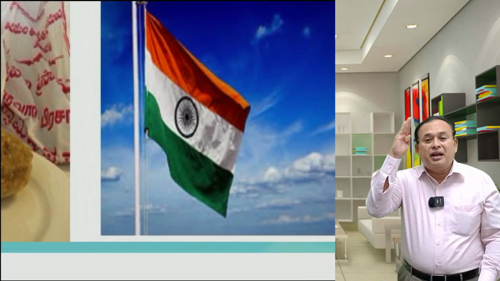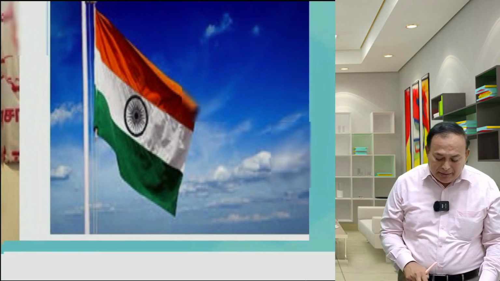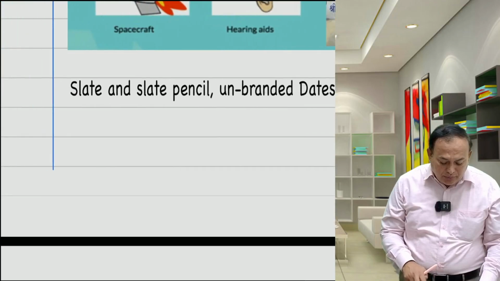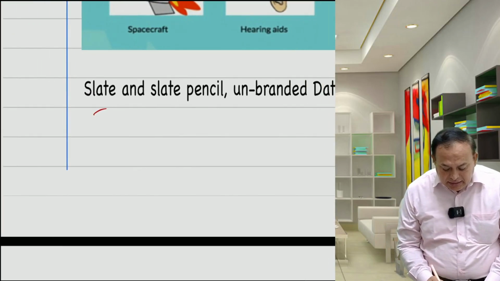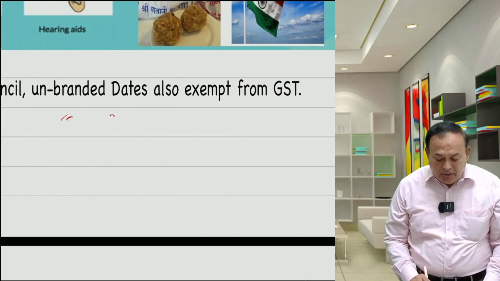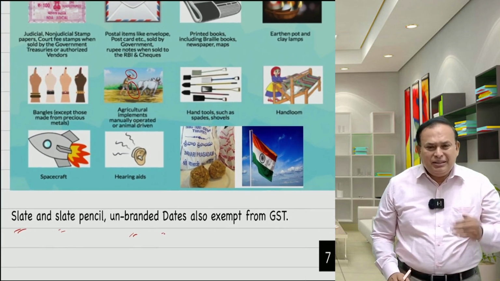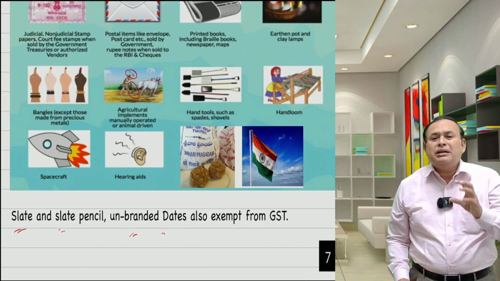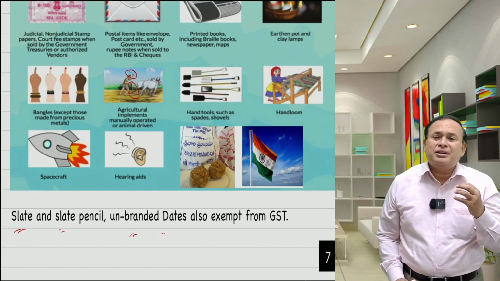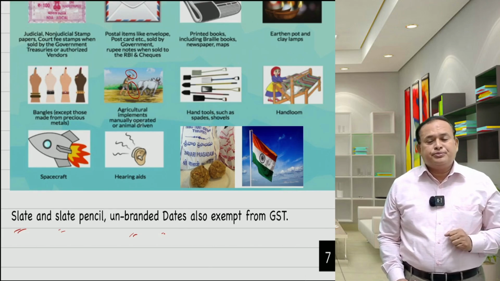Selling of our national flag, free from GST. No GST on sale of flag. Apart from that, we have slate pencils, unbranded dates, which also qualify for exemption. Some more points are also there, but I have taken the important points which qualify for exemption from payment of GST on an illustrative basis.